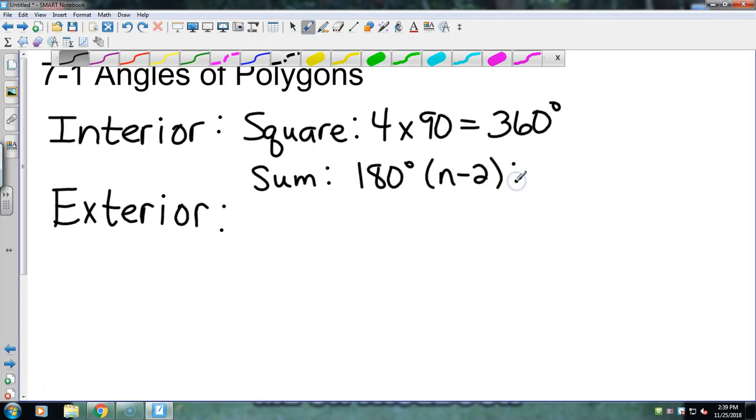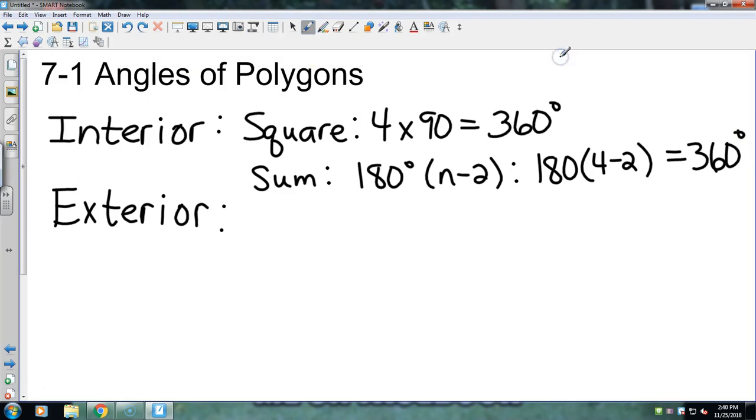Okay, so let's look at that for our square. If we had 180 times 4 minus 2, that's 180 times 2, which gives me 360. So that's the easiest way to look at it, the one that we actually know, but it works for a pentagon, hexagon, octagon, nonagon, any of those.